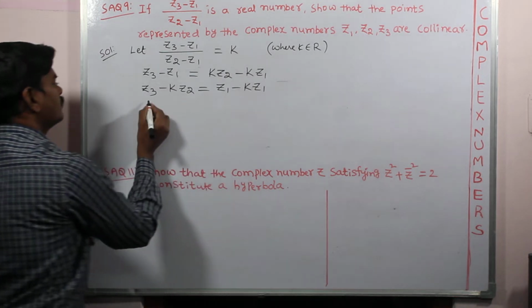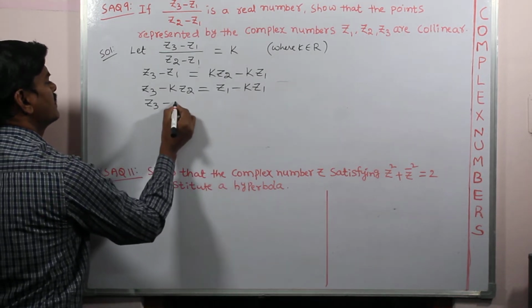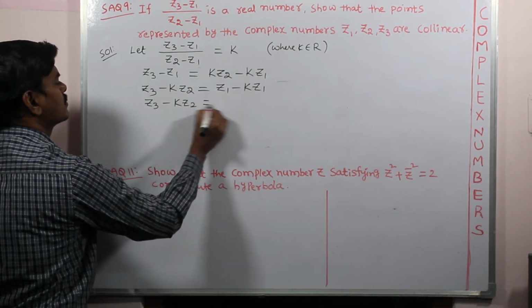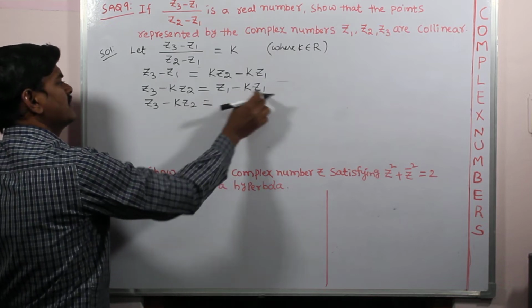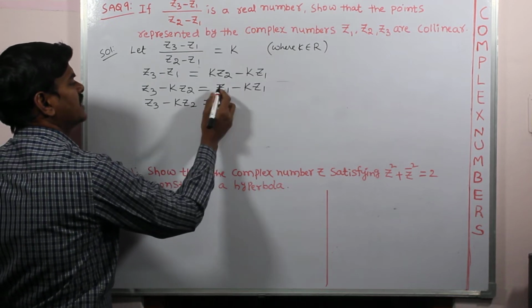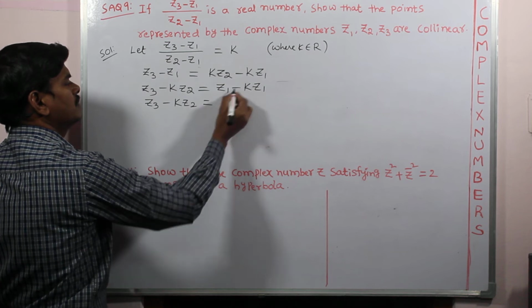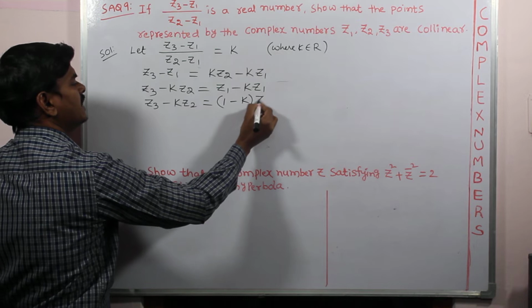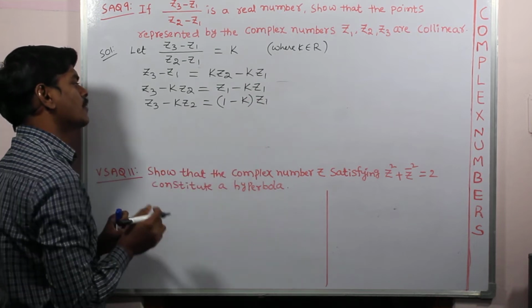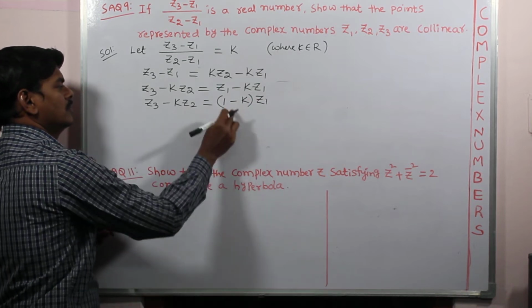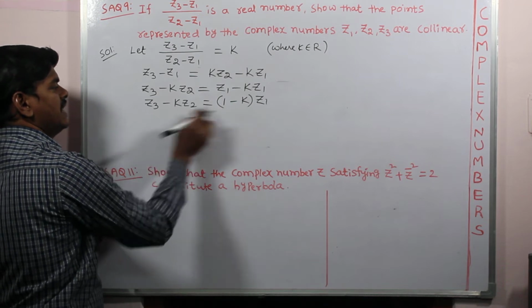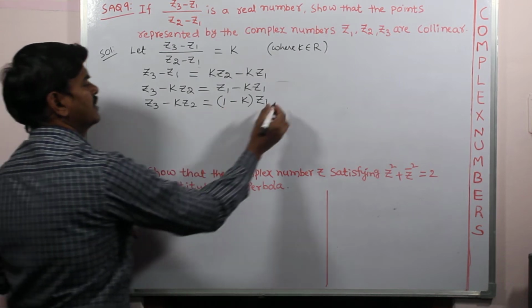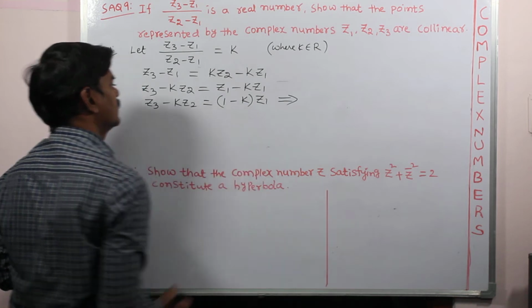Now Z3 minus k Z2 equals, so we can take Z1 common. After taking Z1 common, we are left with 1 minus k into Z1. We took Z1 common, so shift 1 minus k from RHS to LHS, it becomes divided by.